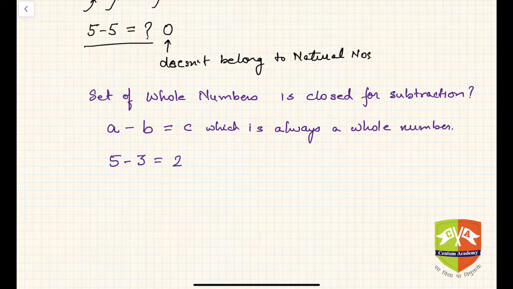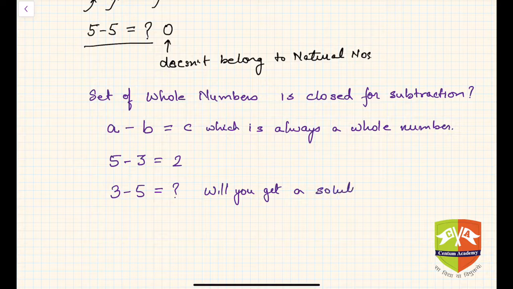But what happens if I reverse these two numbers, right? That means if I want to find out 3 minus 5, does this answer belong to the set of whole numbers? That means, will you get a solution in the set of whole numbers?